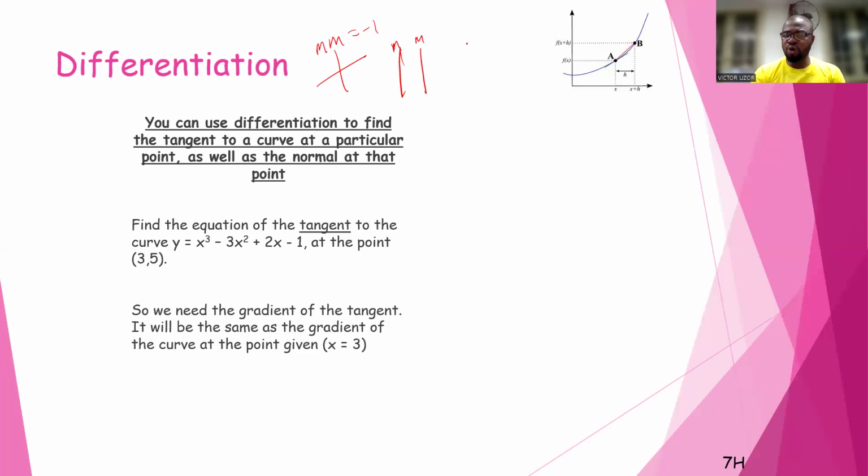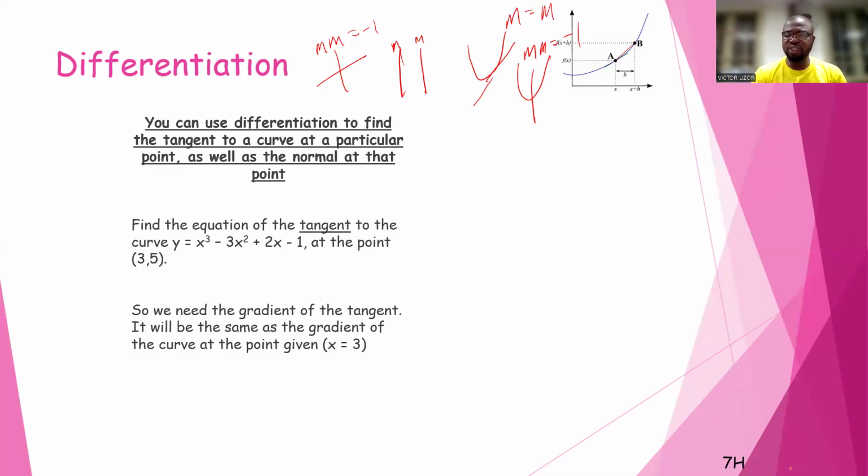In a curve, for the tangent, the curve will have the same gradient as the straight line. But when it is normal, the curve will have the gradient you have when lines are perpendicular, which means the product of the two gradients will give you -1. Now, what do I mean?